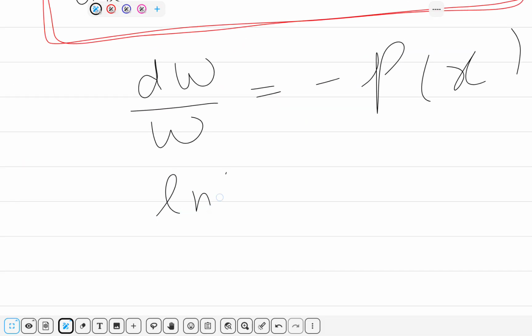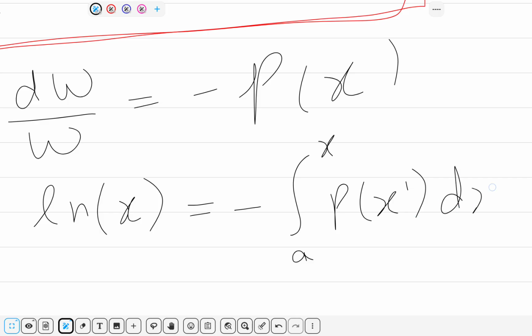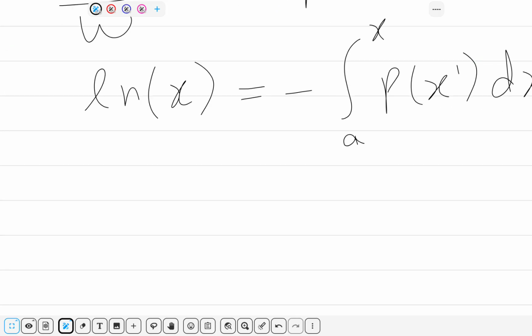So this means that dW by W is minus p of x, and this means if I have some reference function, then this should be equal to minus the integral from some reference point of p of x' dx'. x' is just a dummy variable, I want to integrate it, right?